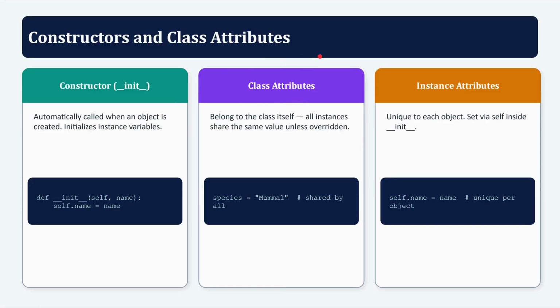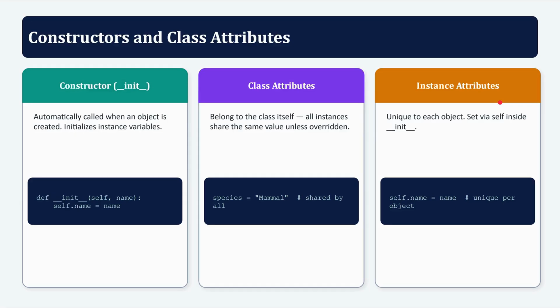Class attributes belong to the class itself. For example, here, species mammal is shared by all of them, so it's not specific to any of them. Instance attributes are unique to each object.